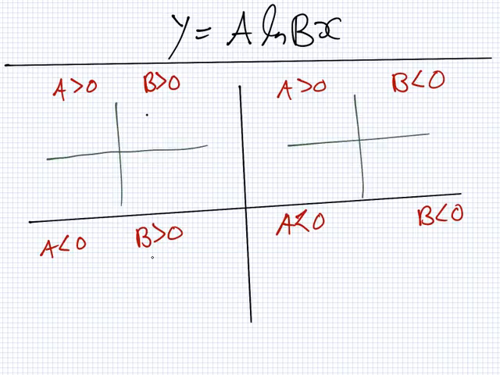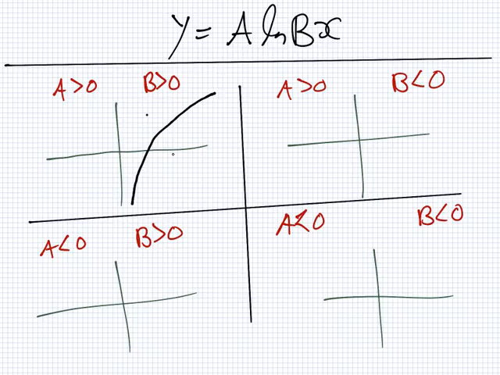What's this point here? 1. No. Not e? No. What is it? Think. Log of what makes 0? Log of 1 makes 0.